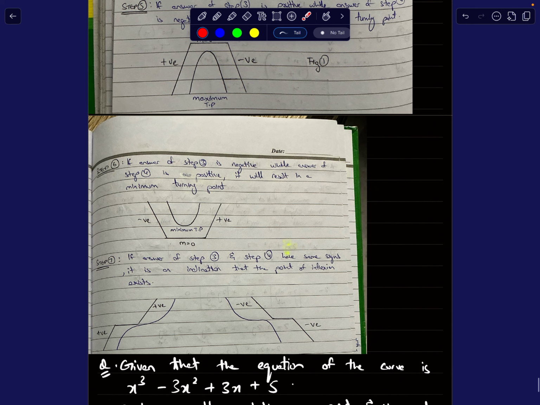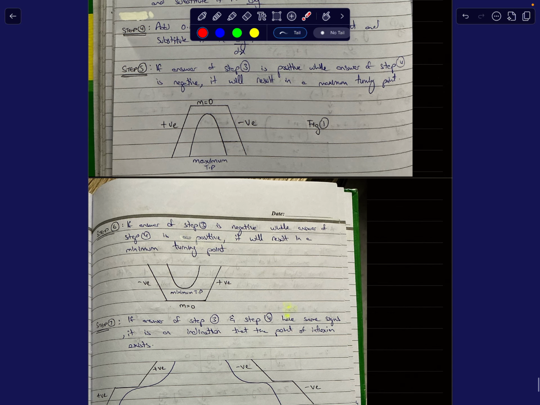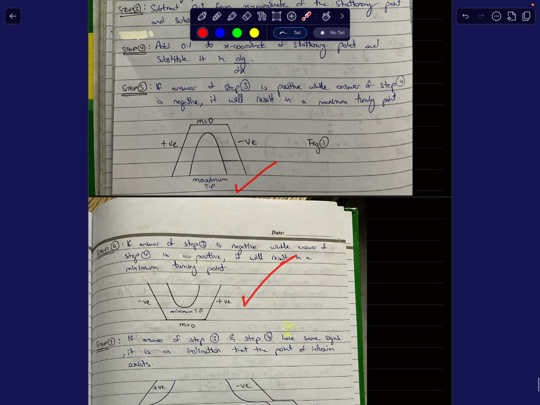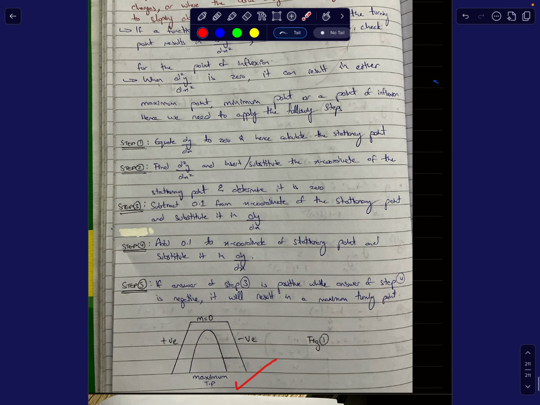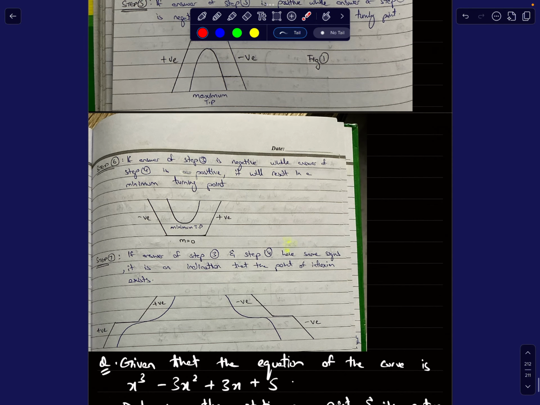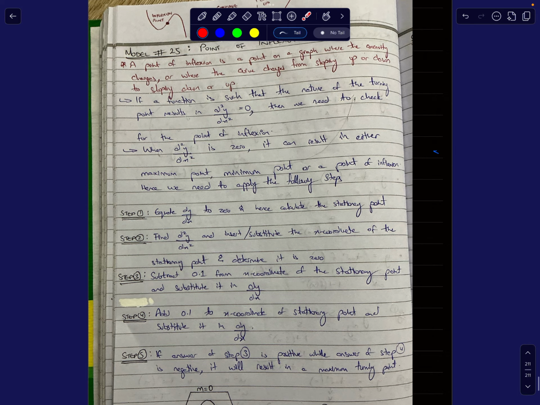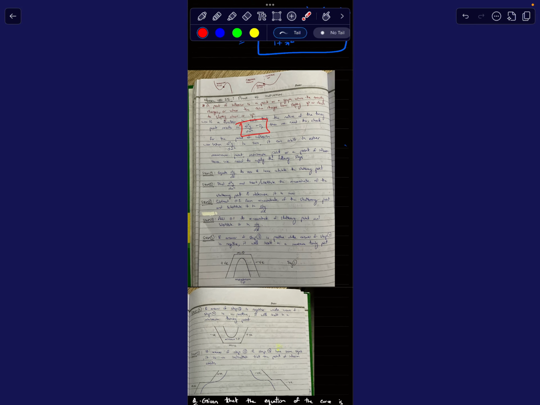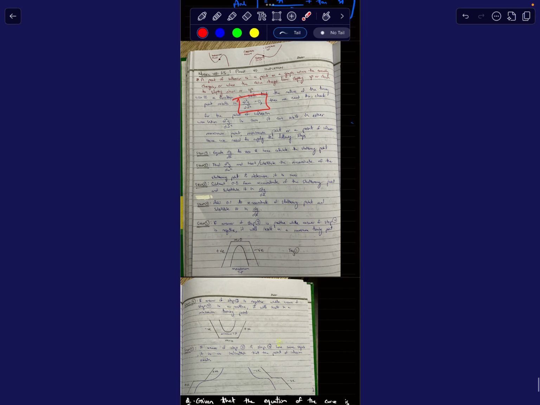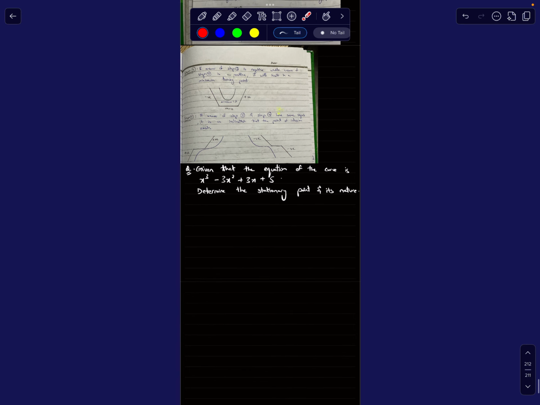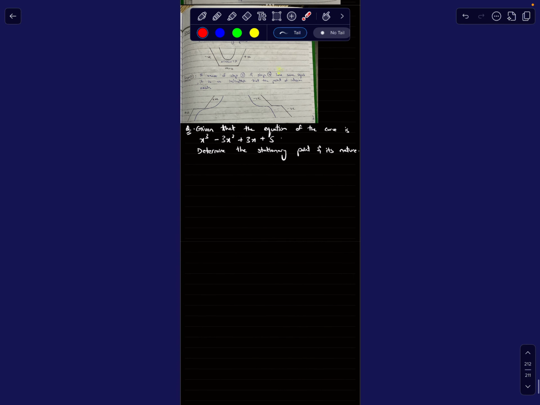Finally, if the signs are the same, it means a point of inflection exists. If the signs are not the same, you know that it's either a maximum point or a minimum point. But in this case, it's not so easy to determine the maximum point or the minimum point since, again, our double derivative was 0. So whenever you have a double derivative as 0, consider a point of inflection.